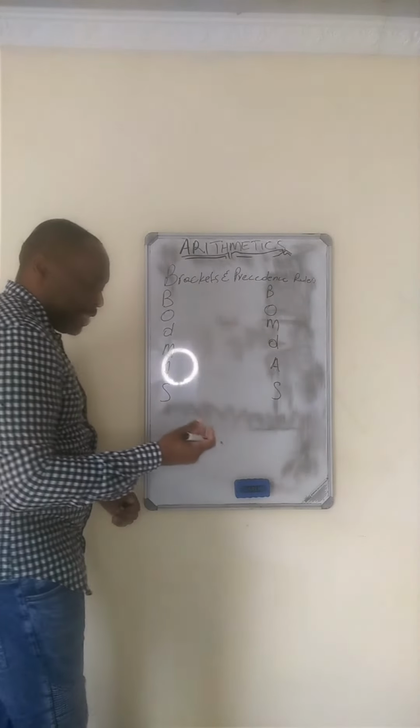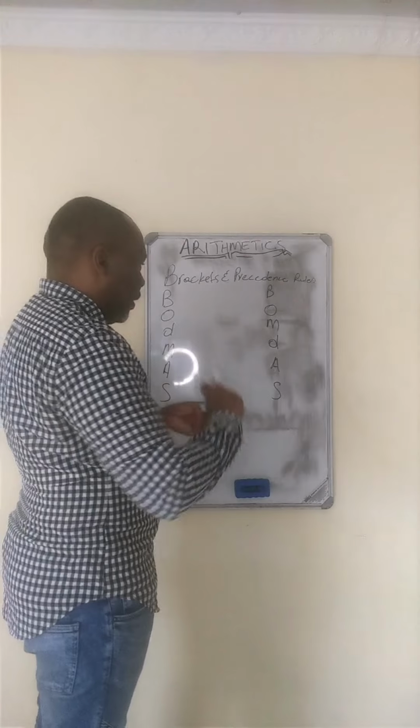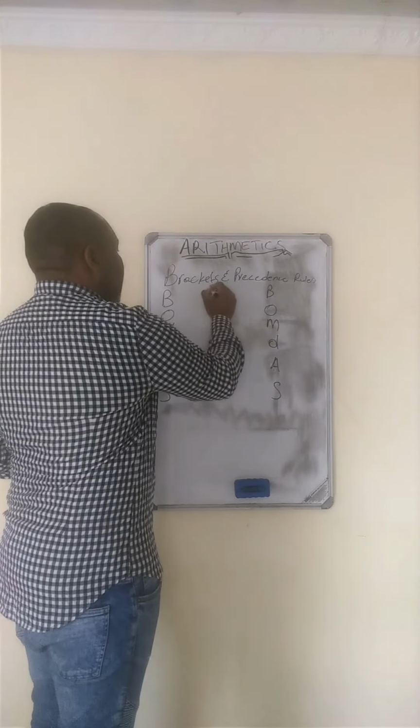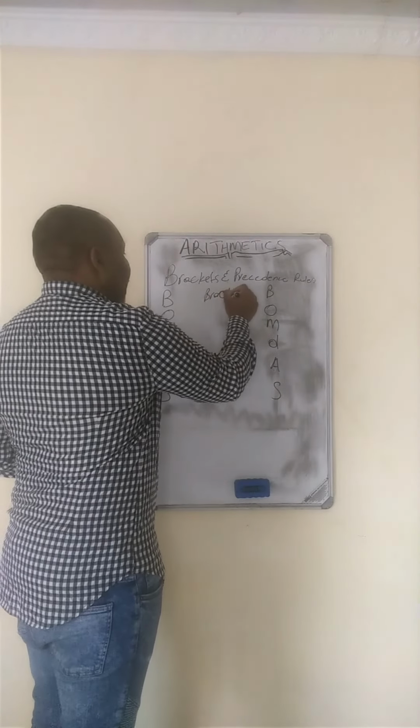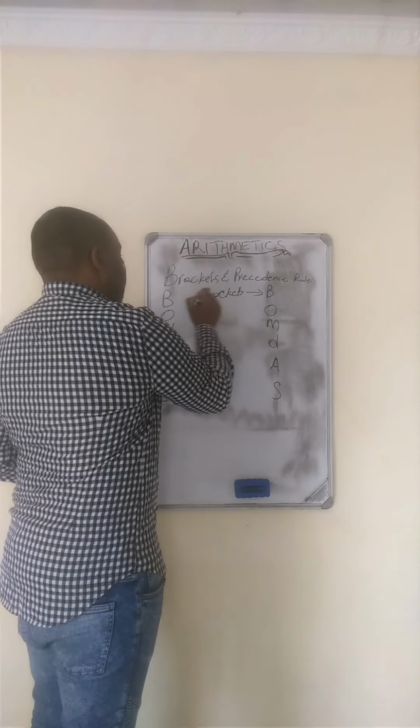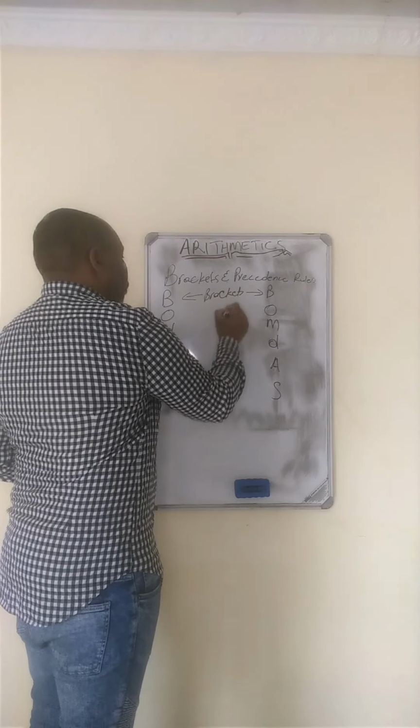It's basically the same thing, it's just that they swapped certain things. This here is brackets. This is of.